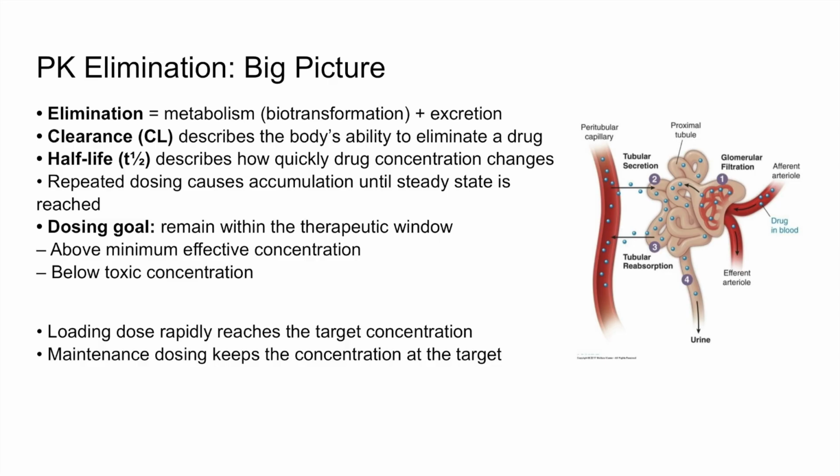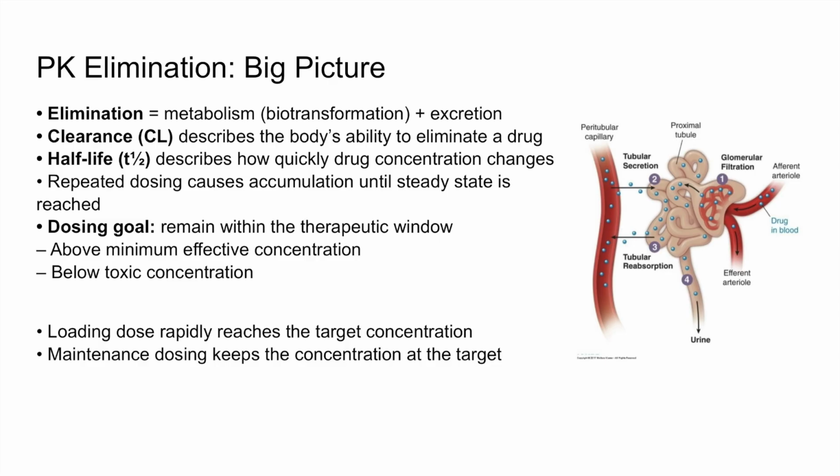With repeated dosing, drug accumulates until the rate entering the body equals the rate being eliminated, and this is what's called steady state. The dosing goal is to remain within the therapeutic window, above the minimum effective concentration, but below the toxic concentration. A loading dose can rapidly establish the target concentration, while maintenance dosing replaces the drug eliminated over time.